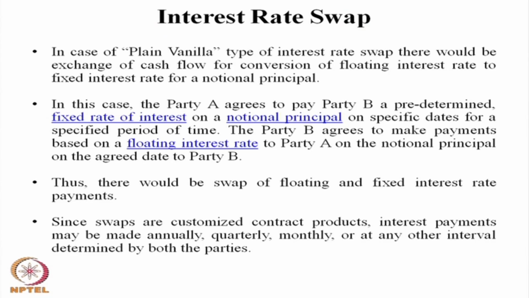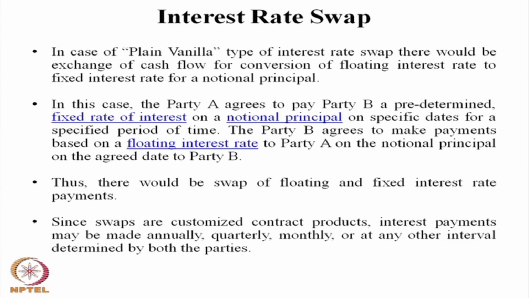Interest rate swap, as I mentioned, is plain vanilla; there is no complexity associated with it. Here interest rates are the periodic payments and there will be a notional principal.